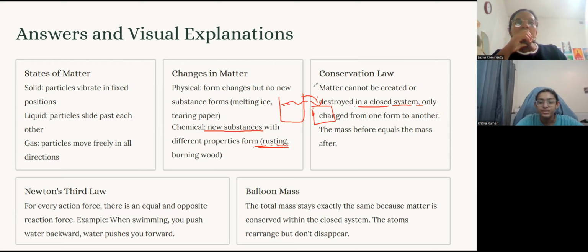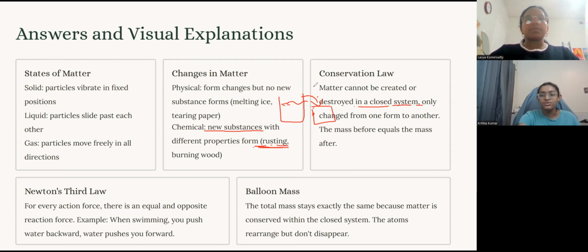The atoms do rearrange, but they don't disappear. Because remember, there's the conservation law, where matter cannot be created or destroyed, and it's in a closed system, so nothing can just leave or appear out of nowhere. So that's why the total mass should stay the same.